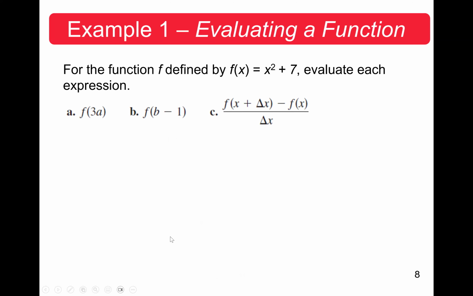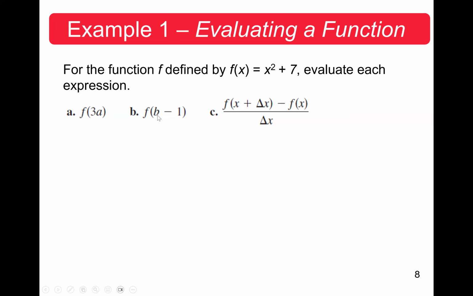So let's see an example. Here they say we should evaluate the function f, which is defined by f at x equals x squared plus 7. If we know this function, we can find a, f at 3a. So f at 3a means we are going to substitute 3a into x squared plus 7 and solve it.